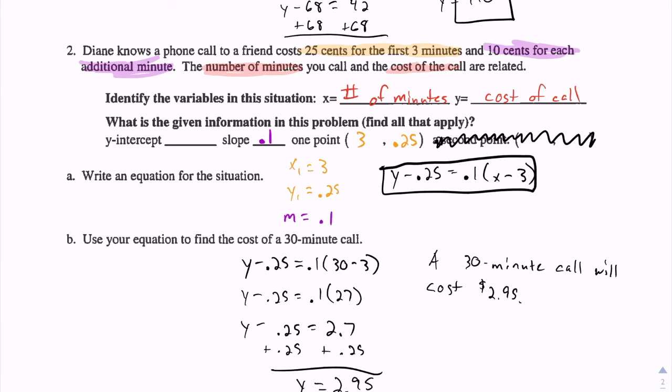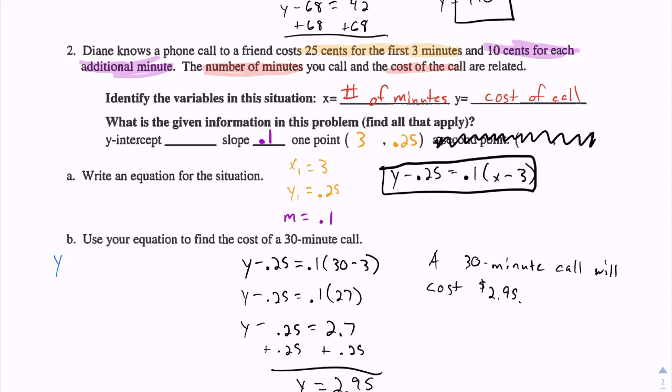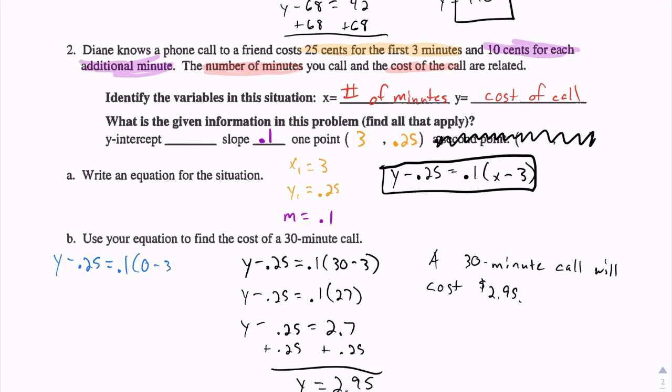But if you were, okay, you're like, I have to find the y-intercept, then all you have to do is take your equation, and just like the last one, put 0 in for x. Okay, when you have an equation to find the y-intercept, 0 in for x, solve for y.